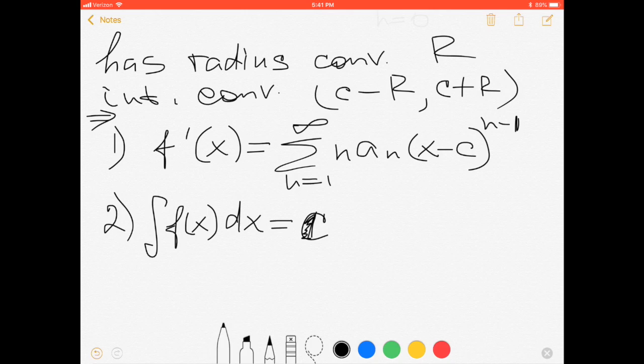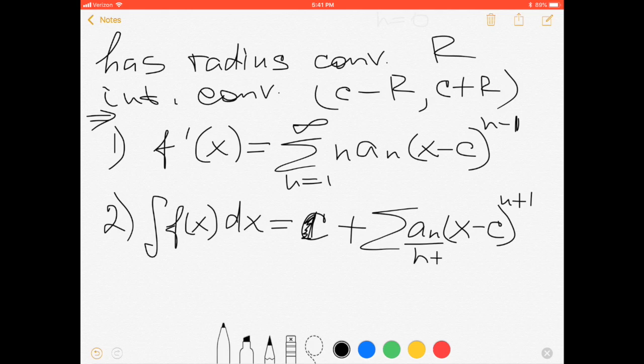I write it a different way. See what we have inside: plus the sum of a_n (x minus c) to the power n plus 1 over n plus 1, where n starts at 0 to infinity.